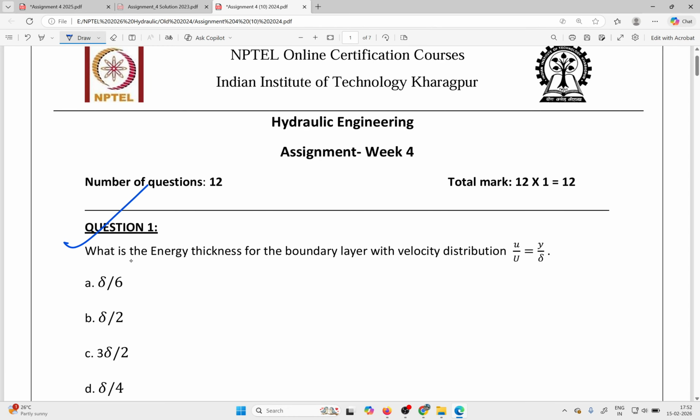What is the energy thickness for the boundary layer with velocity distribution U by capital U equal to Y by delta? Here you need to tell the energy thickness.